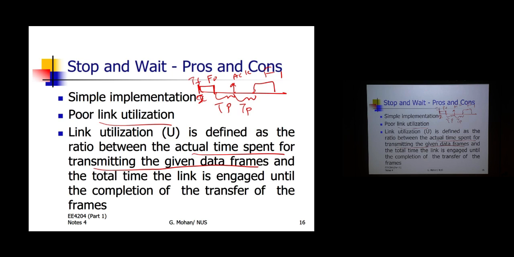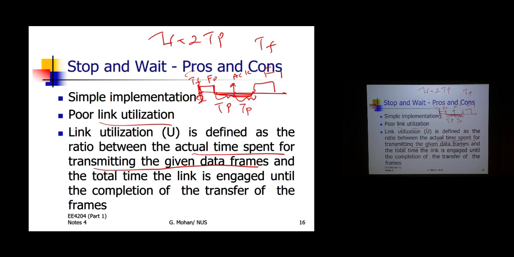Let's say this is TF. So the total time it's engaging the link is TF plus 2 TP, out of which only TF is the useful transmission, because for the remaining period it is just waiting.